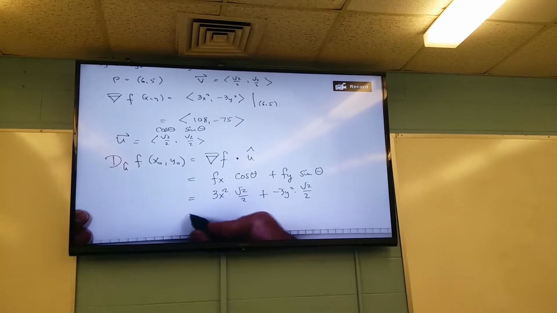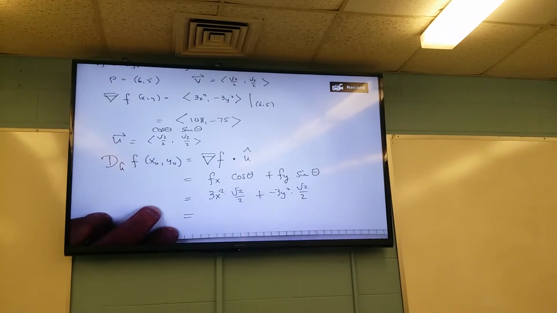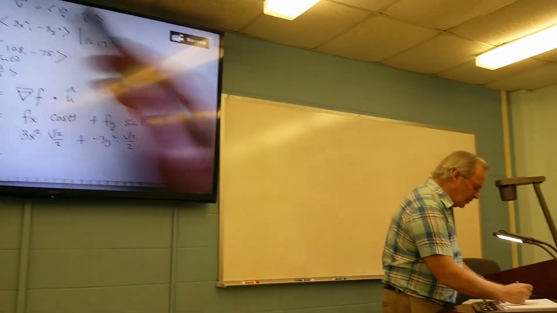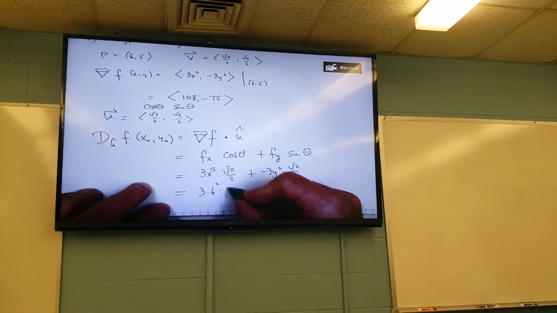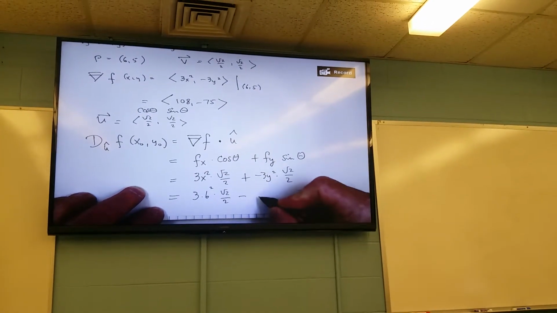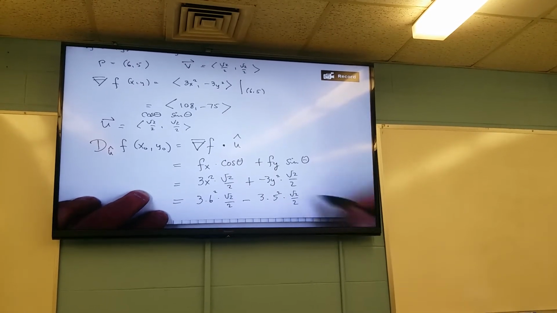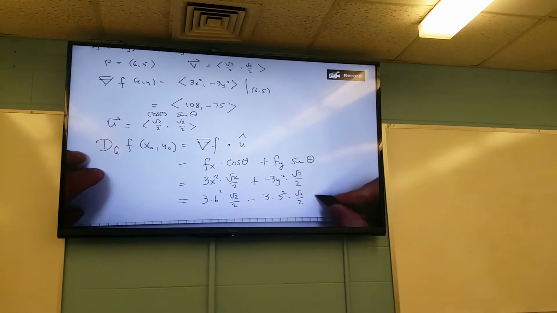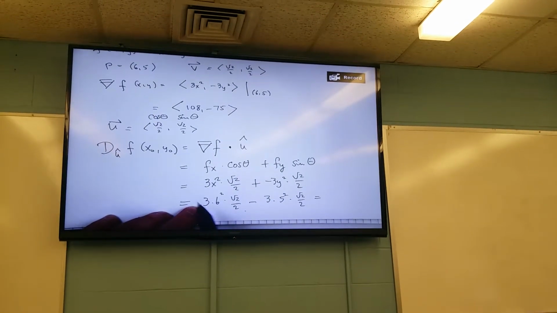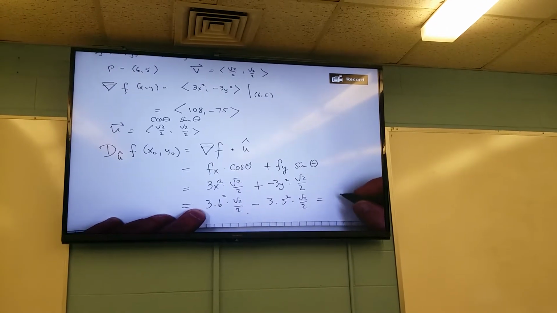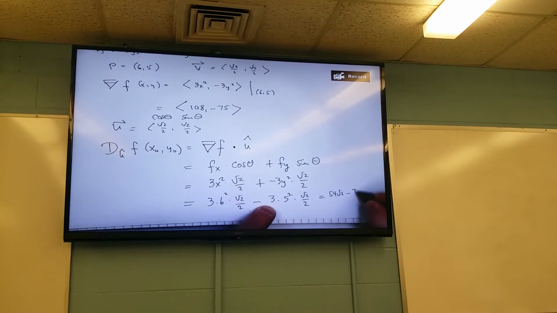And now we're given that x is equal to 6. So 3 times 6 squared, square root of 2 over 2, minus 3 times 5 squared, square root of 2 over 2. And we end up with 54 square root of 2 minus 75 halves square root of 2.